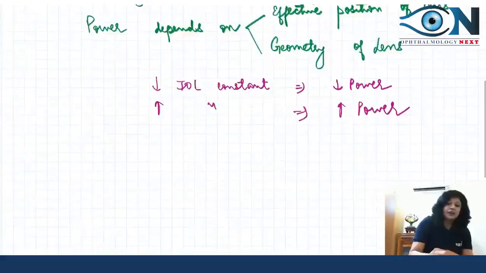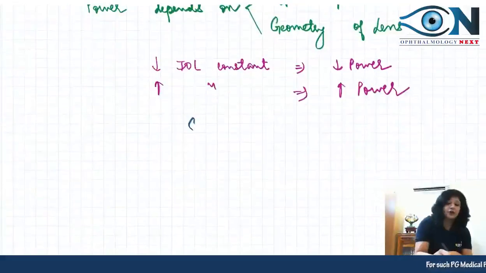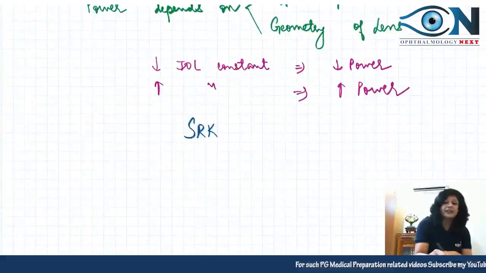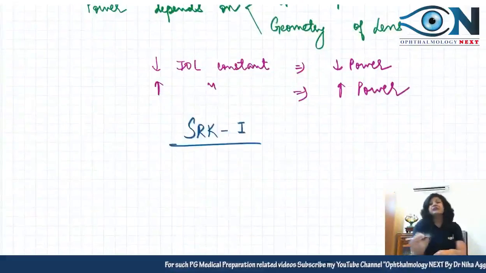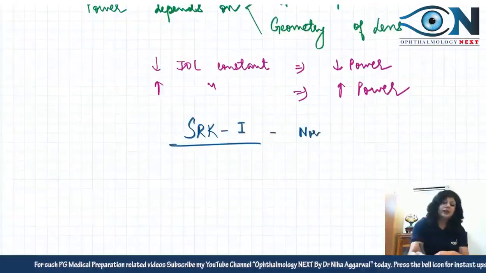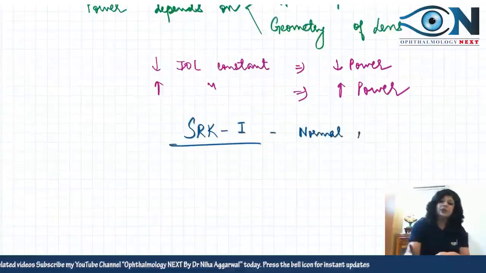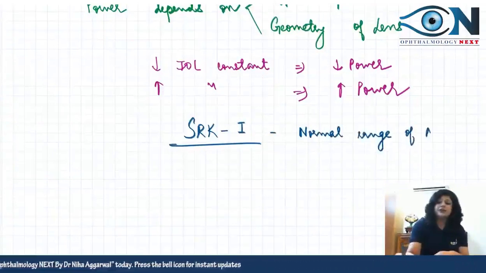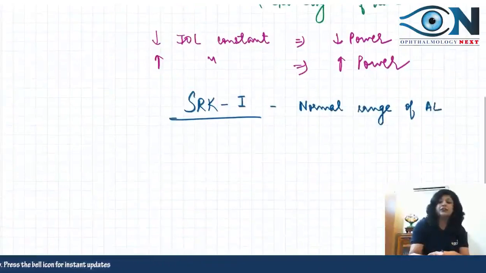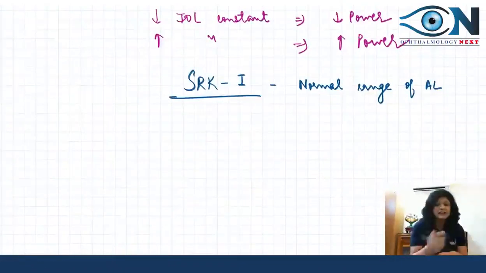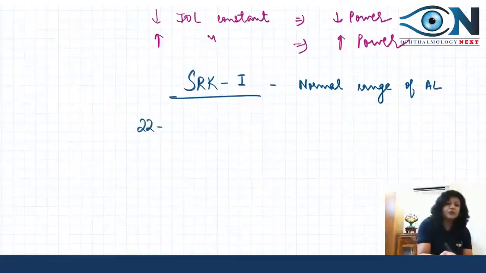Now this SRK1 formula is actually for the normal range of the axial length. Now you will say, what is the normal range of axial length? It is between 22 to 24.5 mm.